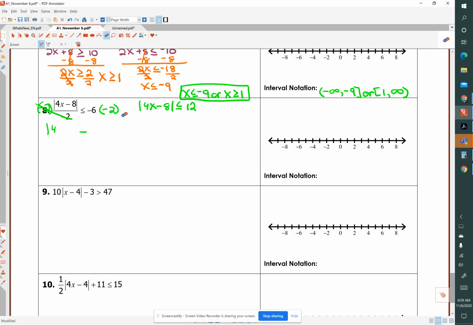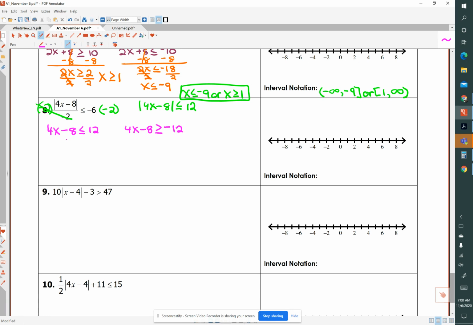So let's make some room down here, and let's go ahead and make our two cases. 4x minus 8 is less than or equal to 12. 4x minus 8, nothing changes yet. Now switch the sign, switch the inequality and switch the sign. And now we'll go ahead and solve.